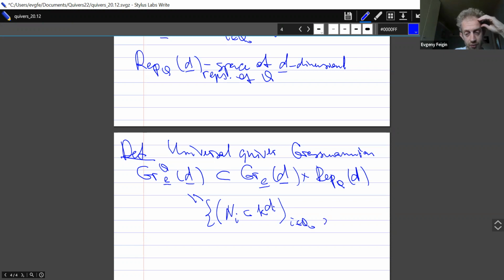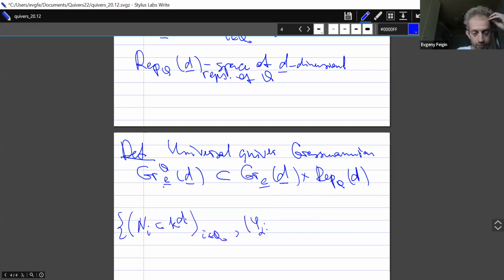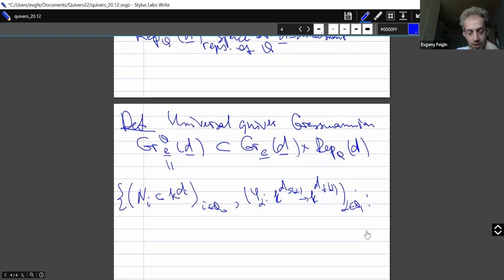And here we have collections of maps phi_alpha from K^{D_{s(alpha)}} to K^{D_{t(alpha)}}, over all alpha in Q_1, such that phi_alpha of N_{s(alpha)} sits inside N_{t(alpha)}.